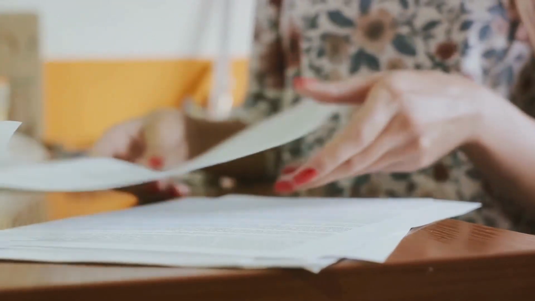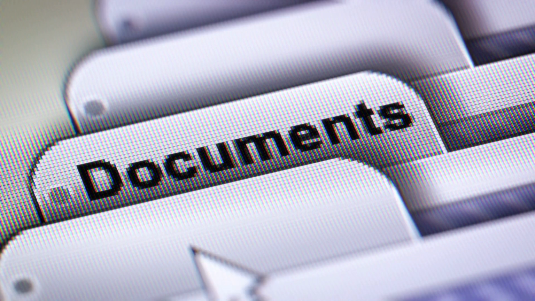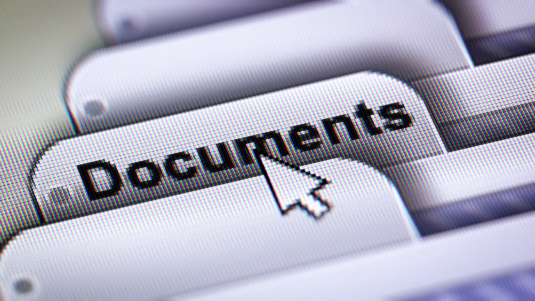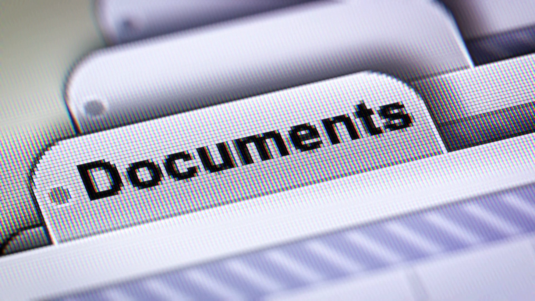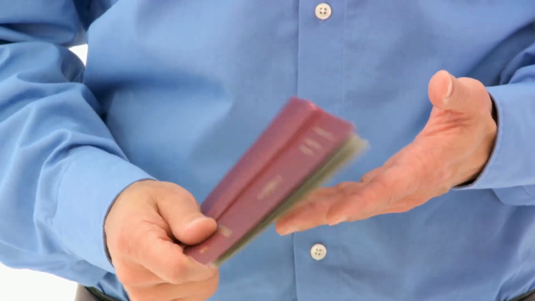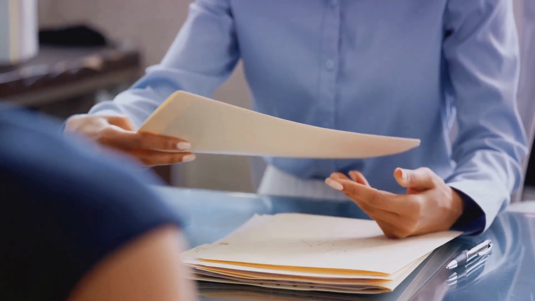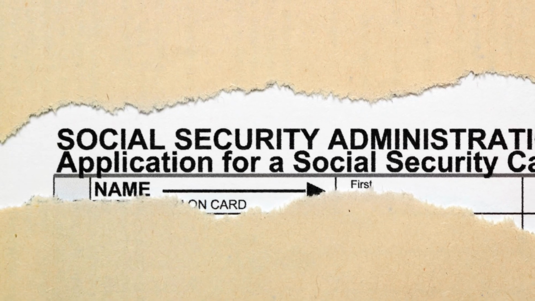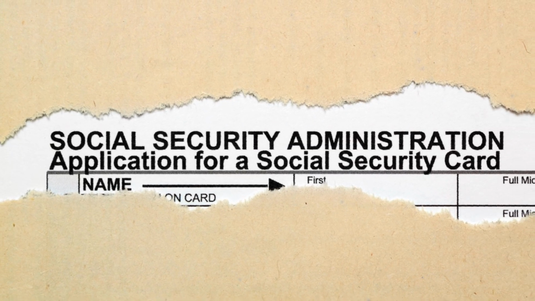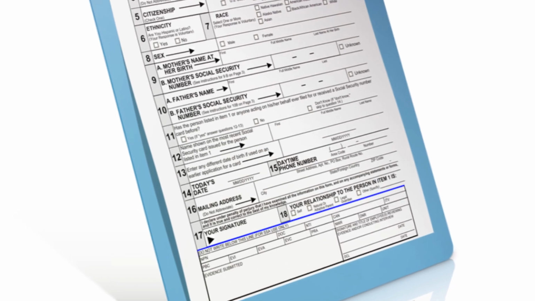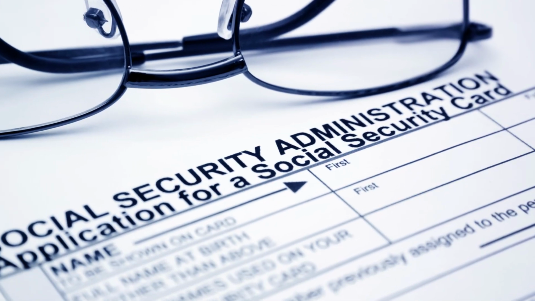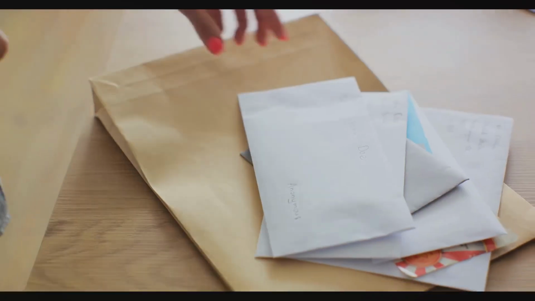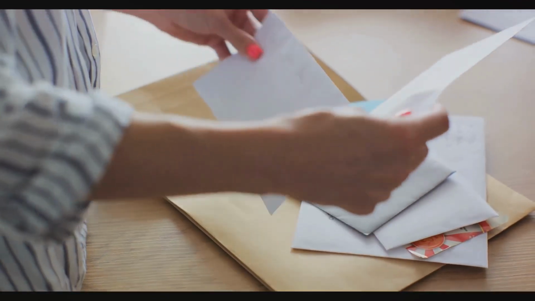Well, this varies depending on your situation, but generally, it includes personal and financial information. These are documents that prove your identity, your income, your expenses, and your living situation. They could be anything from your social security card, bank statements, pay stubs, rent receipts, utility bills, to medical records if you're unable to work due to health reasons.